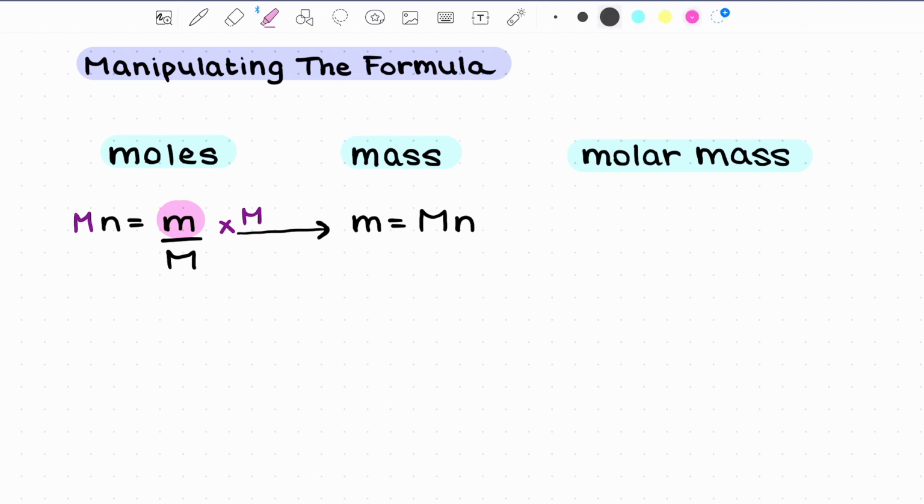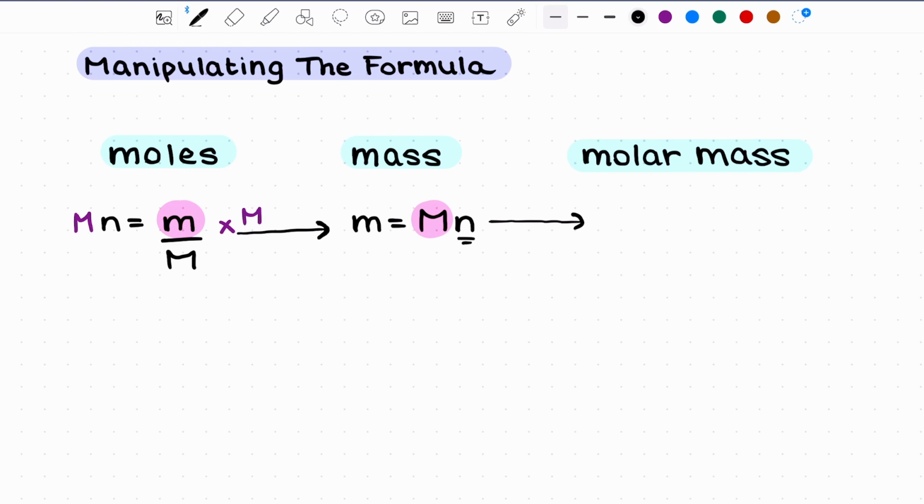The other thing that we could solve for is molar mass. So again, let's highlight molar mass because that is where we are headed right now. And let's see what is attached to molar mass that I need to move. Well, currently I have my moles multiplied to my molar mass.